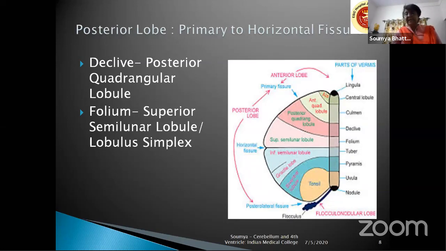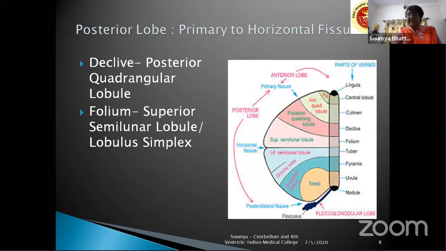This superior semilunar lobule, the other name for it is lobular simplex. Now, my dear students, you have to remember the other names also, because sometimes examiners have a tendency to ask where is lobular simplex, or what is lobular simplex, to which you will say that it is the superior semilunar lobule on the cerebellar hemisphere, and the corresponding part on the vermis is the folia.